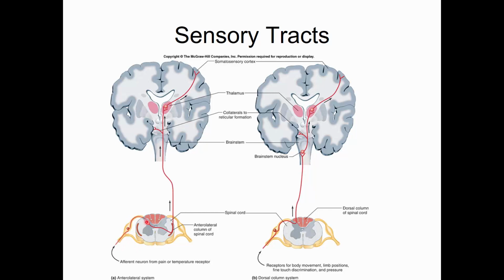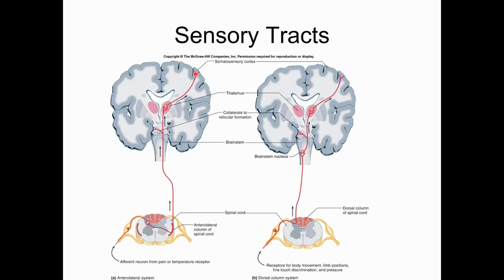Notice it synapses right away in the dorsal horn, crosses. Now we have contralateral representation. It rises on the contralateral side of the spinal cord. There's some collaterals that go off to, for example, your reticular formation. It synapses in the thalamus. Then a third order neuron goes to the cortex, so you know what you just felt.